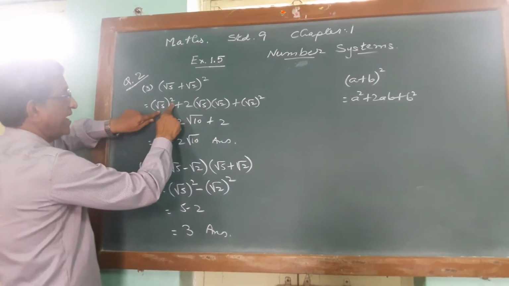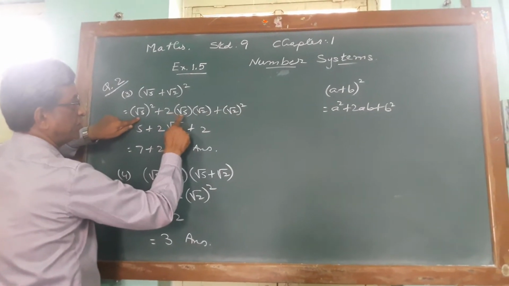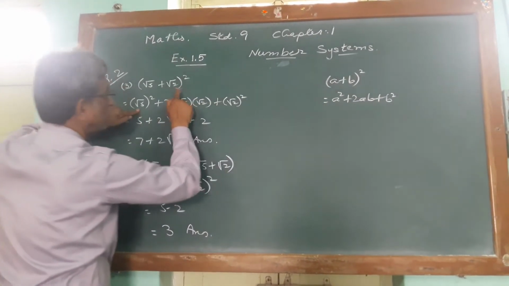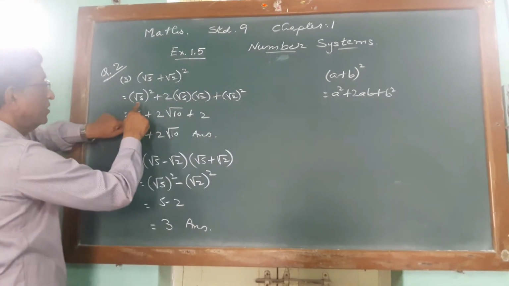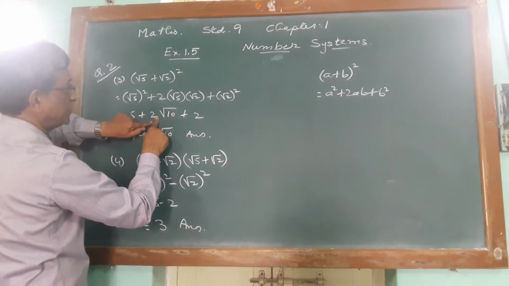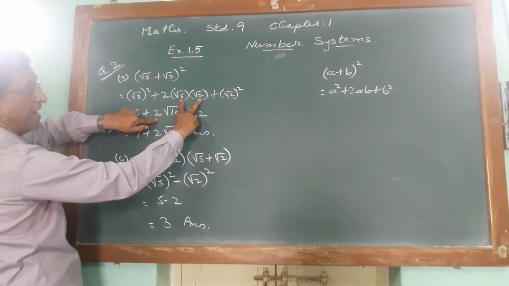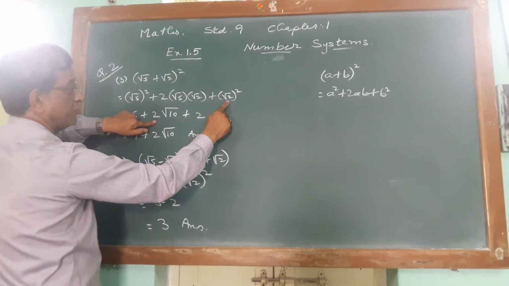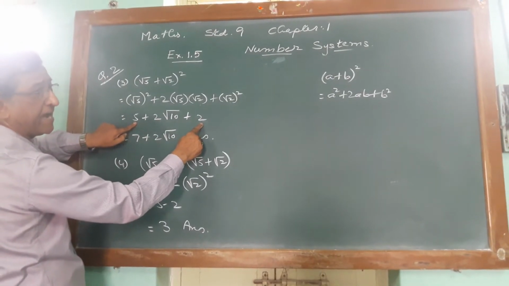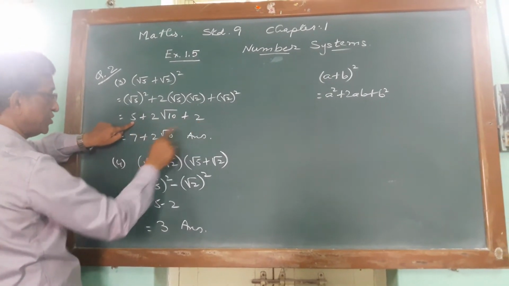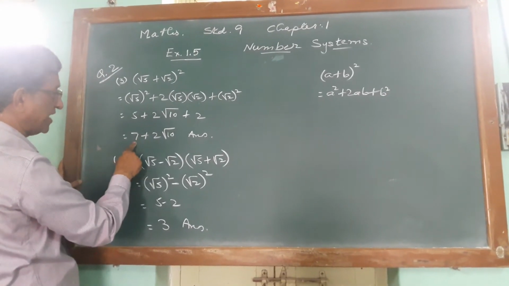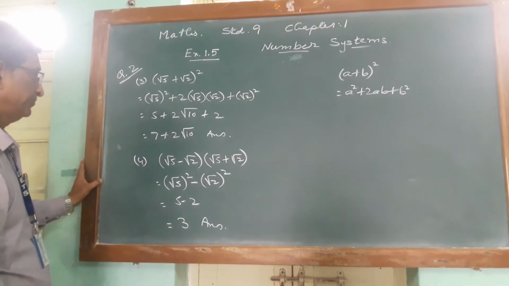So root 5 square plus 2 into root 5 into root 2 plus root 2 square. Root 5 whole square gives you 5. 2 as it is. Root 5 into root 2 is root 10. Root 2 square is equal to 2. Now 5 plus 2 can be added, which is 7. 2 root 10 remains as it is. So the answer is 7 plus 2 root 10.